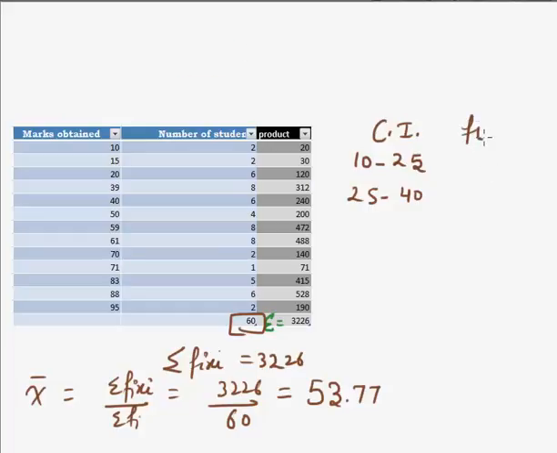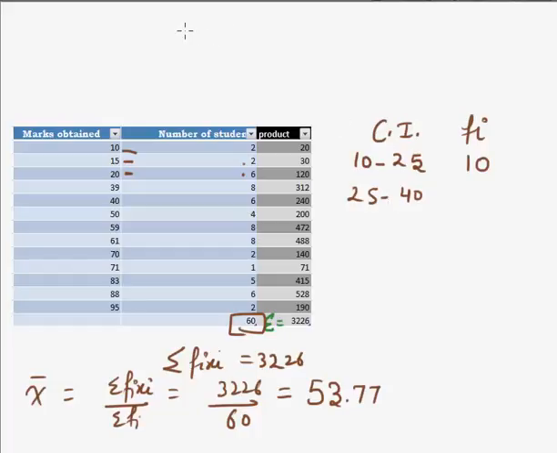So the frequency falling in the interval 10 to 25 will correspond to these observations, that is 2 plus 2 plus 6, or we can say 10.